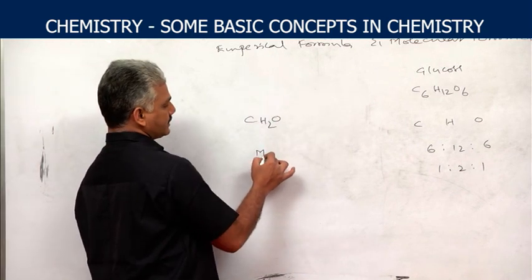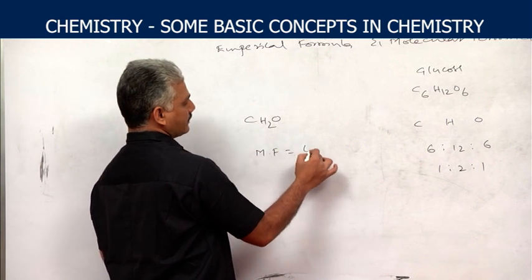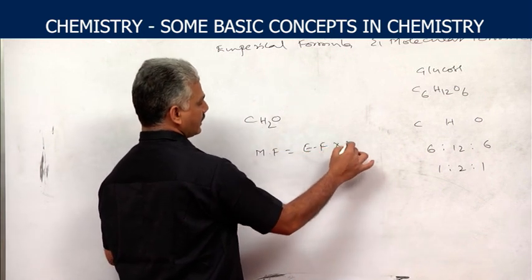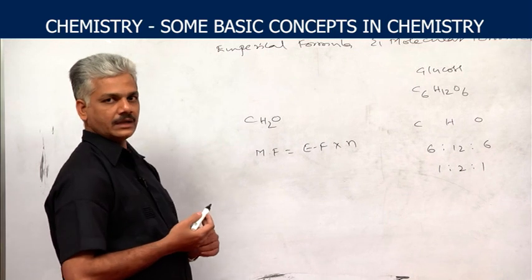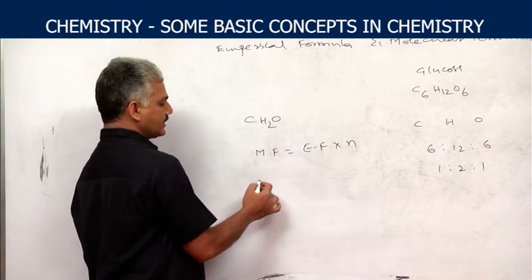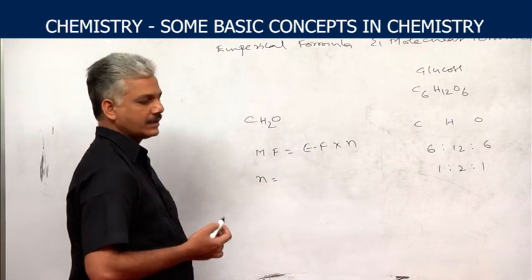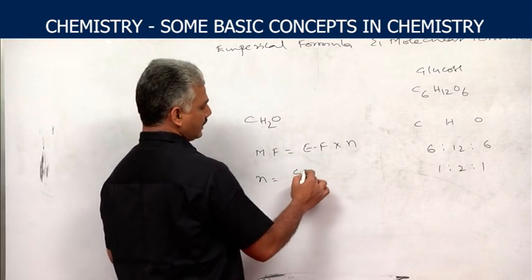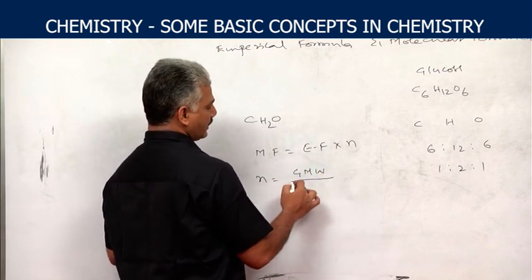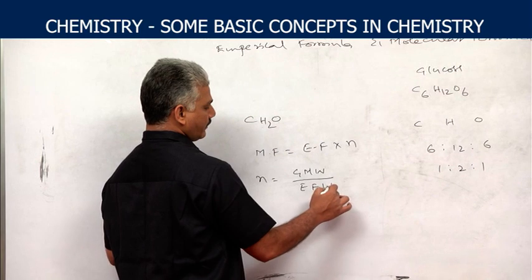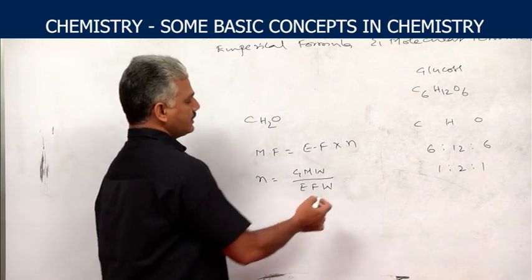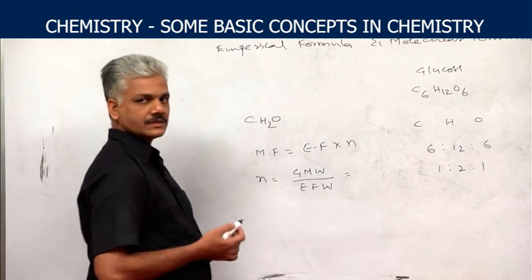So, how can you correlate empirical formula and molecular formula? The relation is molecular formula is equal to empirical formula into some n integer value. This integer value can be calculated by using the relation gram molecular weight by empirical formula weight. In general, we get fractional values only.